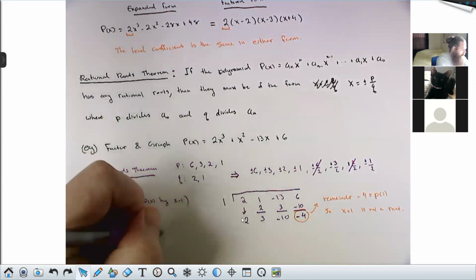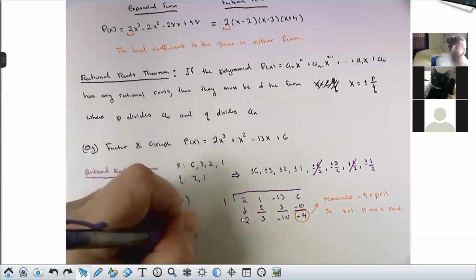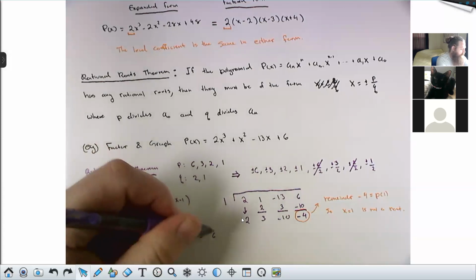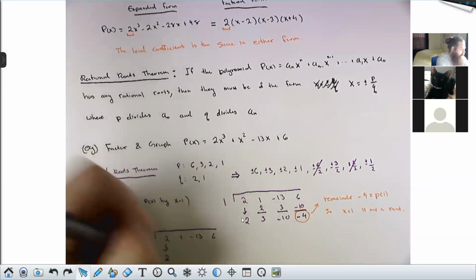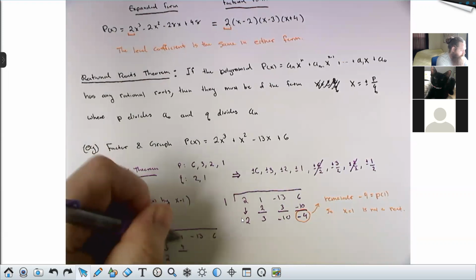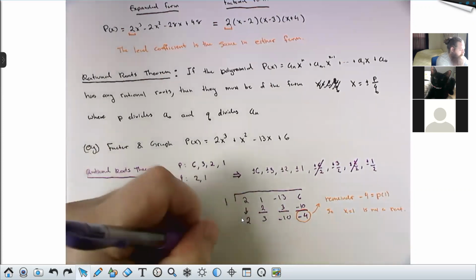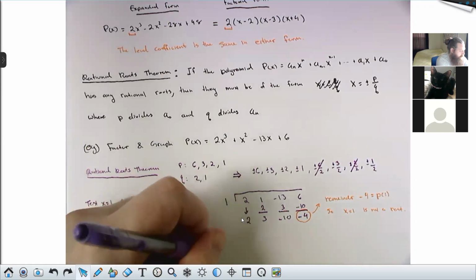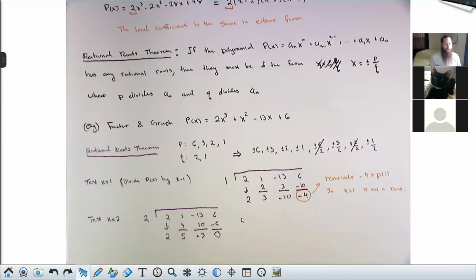Means I write down 2, and then the coefficients, which are 2, 1, negative 13, and 6. Bring down the 2. 2 times 2 is 4. 1 plus 4 is 5. 2 times 5 is 10. Negative 13 plus 10 is negative 3. 2 times negative 3 is negative 6. Hey, this time we got the 0. Oops, sorry, down here.